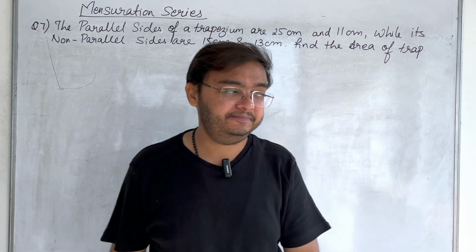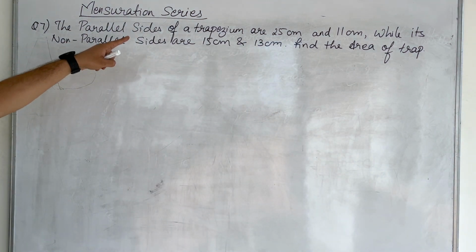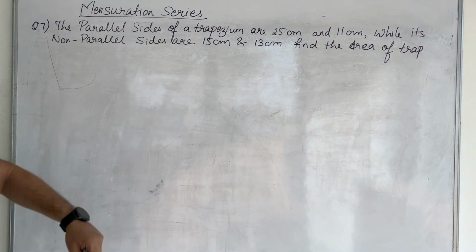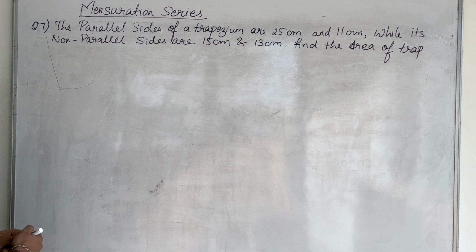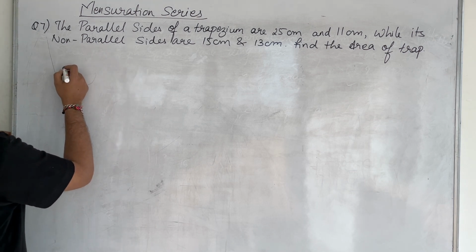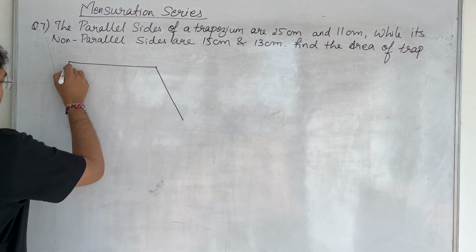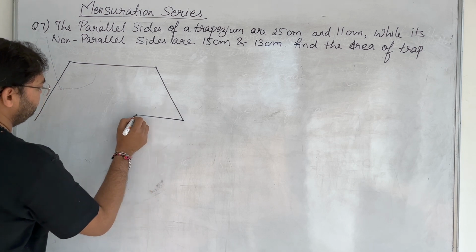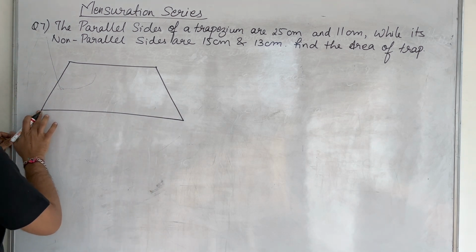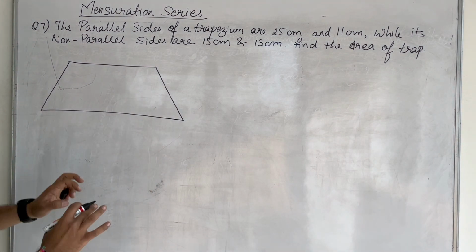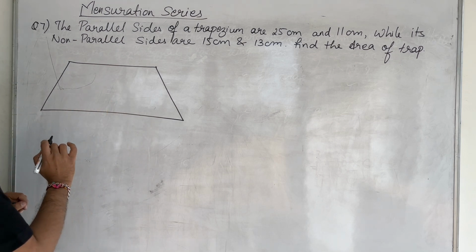Let's begin it. The parallel sides of a trapezium are 25 centimeter and 11 centimeter. That means let us draw the trapezium first of all. I am having one trapezium whose parallel sides are 25 centimeter and 11 centimeter.